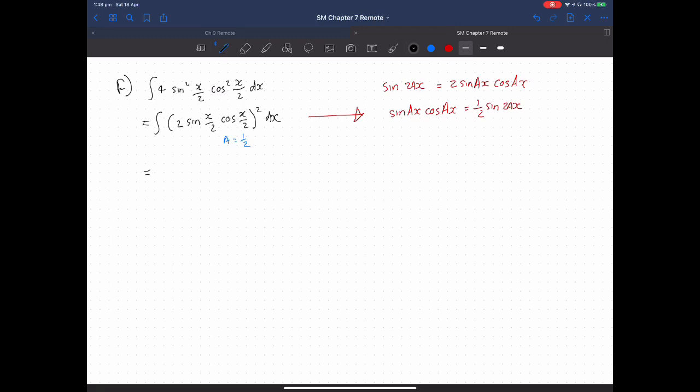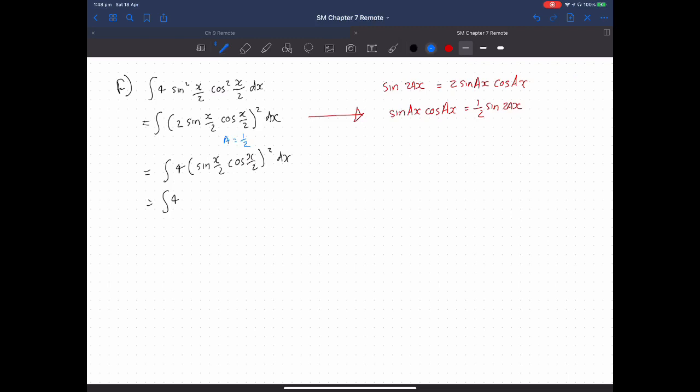It means 2 squared is 4, so I have 4 times sine x on 2 cos x on 2, all squared, dx. I'm now going to use the formula where a is equal to 1/2.